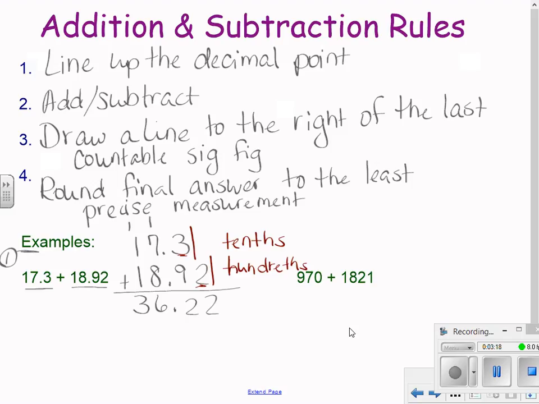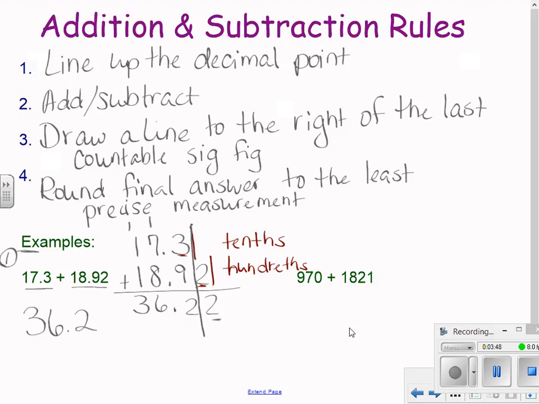So the tenths versus the hundredths, a 3 versus a 2. The 3 has the less precise measurement because it ends in the tenths. That means our final answer can go no further than the tenths as well, which leaves us with 36.2. The 2 after where we round does not round up that last digit. So let's try this with our second example.